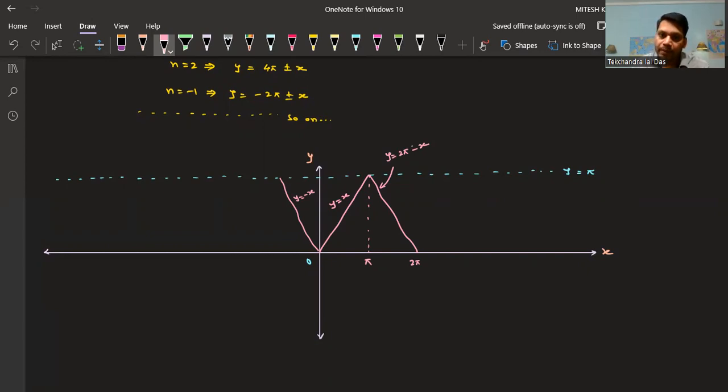Okay, next is 2 pi plus x. Clearly the 2 pi plus x graph will be like this. This will originate from this 2 pi only. Okay, like this, and this will be 3 pi. Sorry, this graph is not 2 pi plus x, this graph is x minus 2 pi.